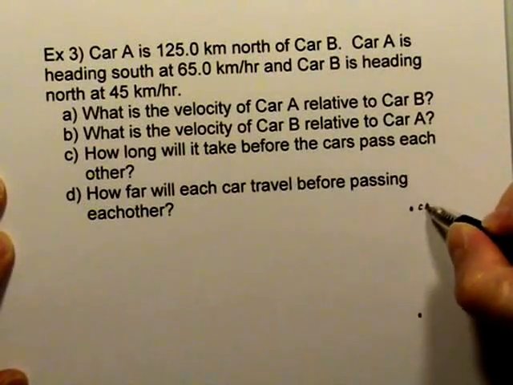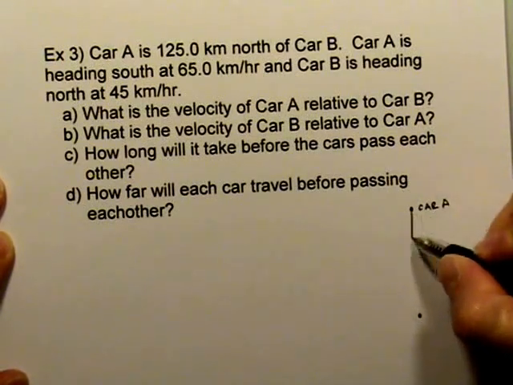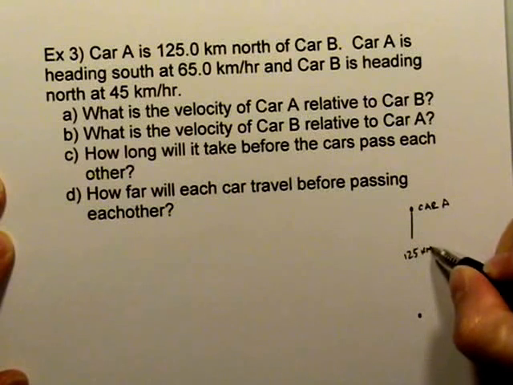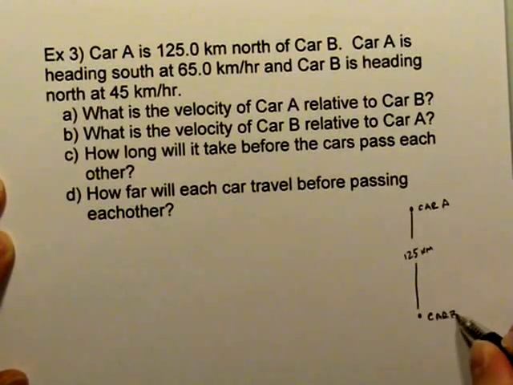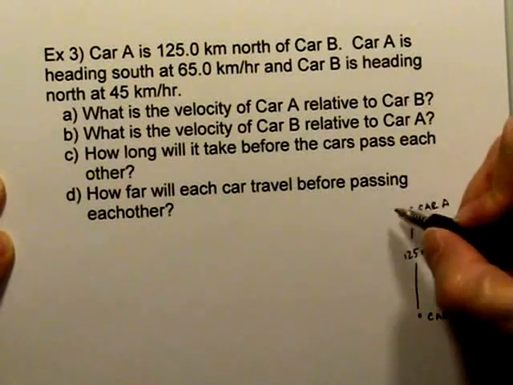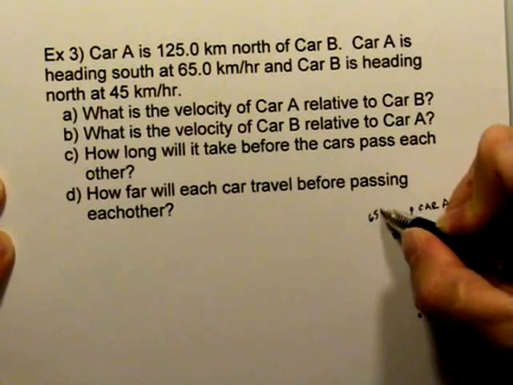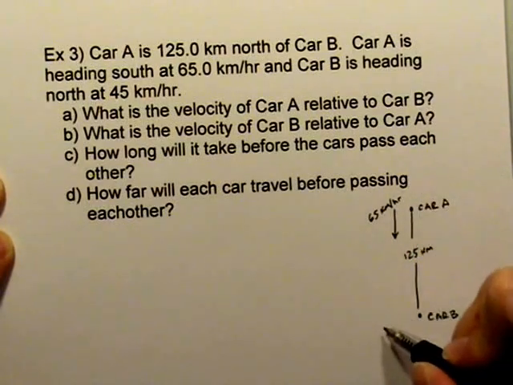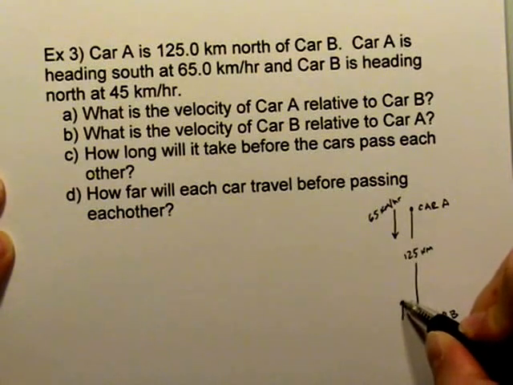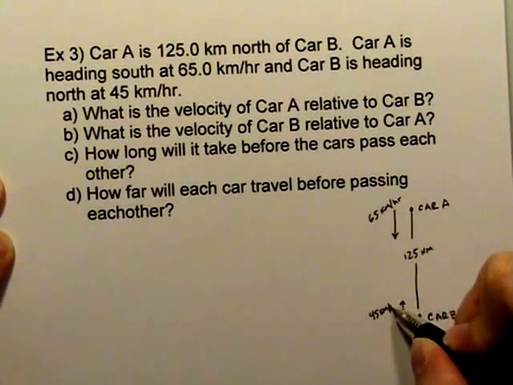So car A is 125 kilometers north of car B. Car A has a velocity of 65 kilometers per hour, and car B has a velocity slightly smaller of only 45 kilometers per hour.